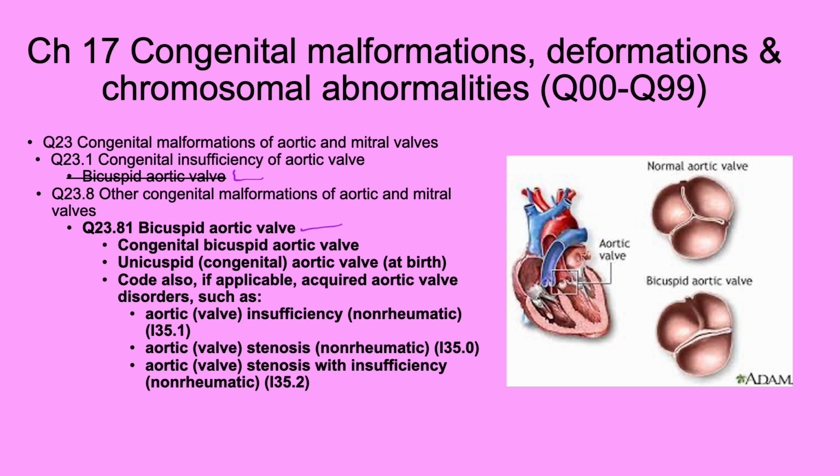Q23.81 under other congenital malformations. So bicuspid aortic valve malformation now has its own code. And so it has these inclusion codes, and it also has a code also note under that. So it has its own codes, be much more specific when coding it.